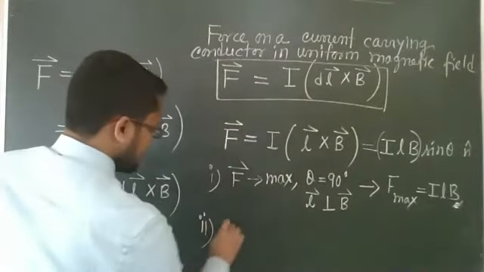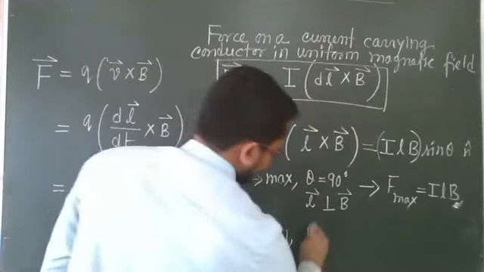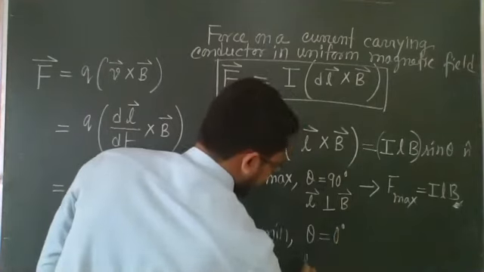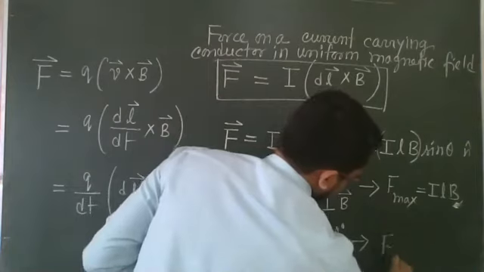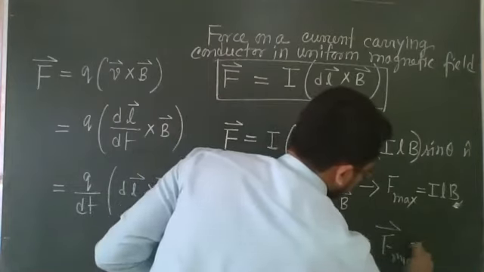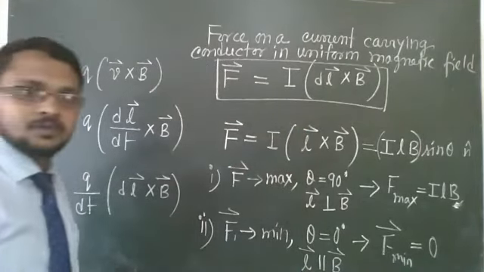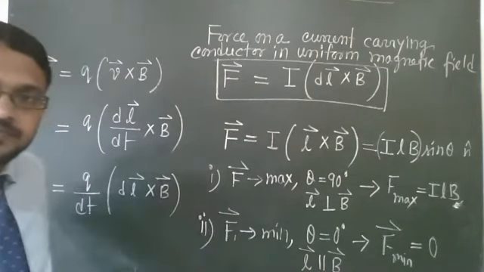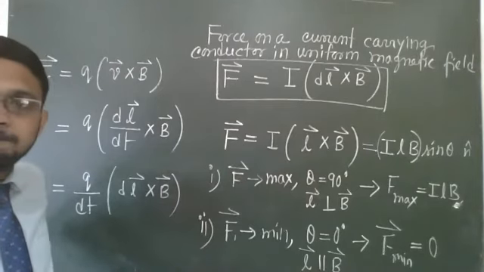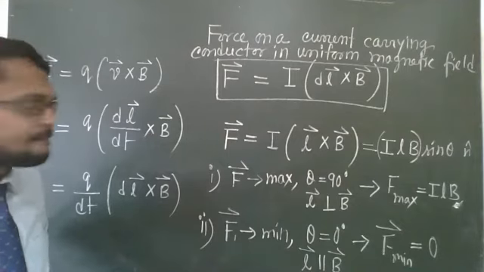Second point: F minimum when theta is 0 degrees, L is parallel to B, and the minimum value is F minimum equal to 0. Is it clear, everyone?